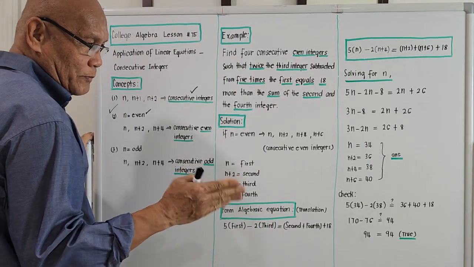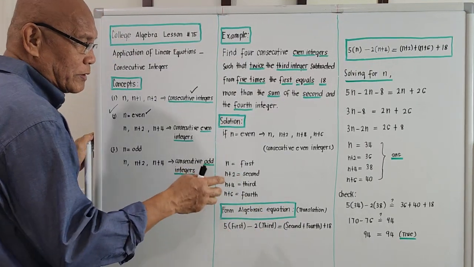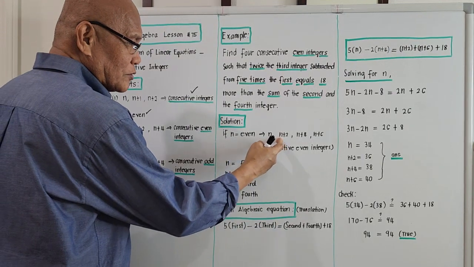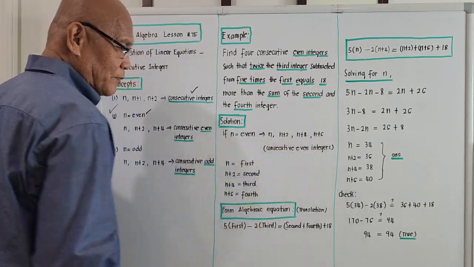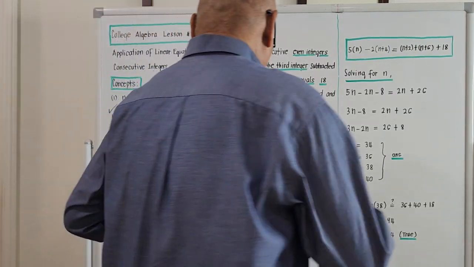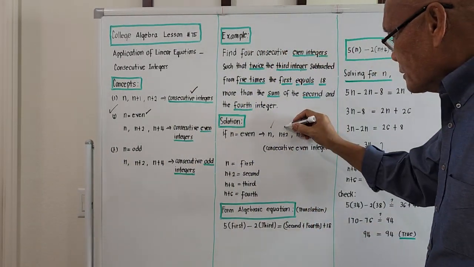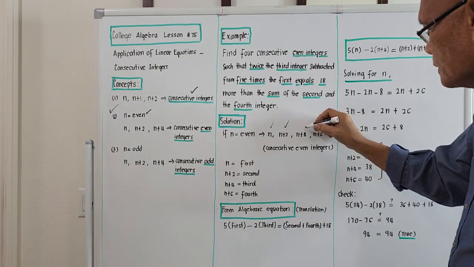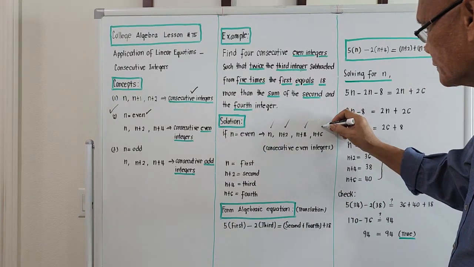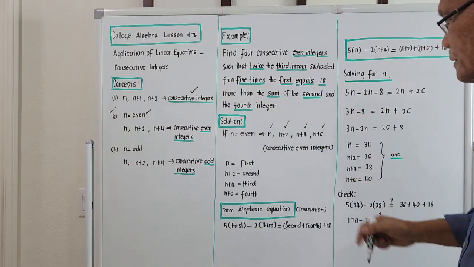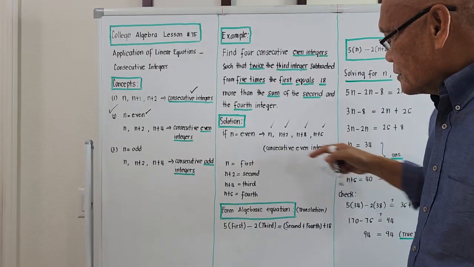So if we try to represent the numbers, it should be of the variation n, n plus 2, n plus 4, and n plus 6. So actually we could represent this one as the first one, this one as the second, this one as the third, and this one as the fourth. So as a representation, it is this.